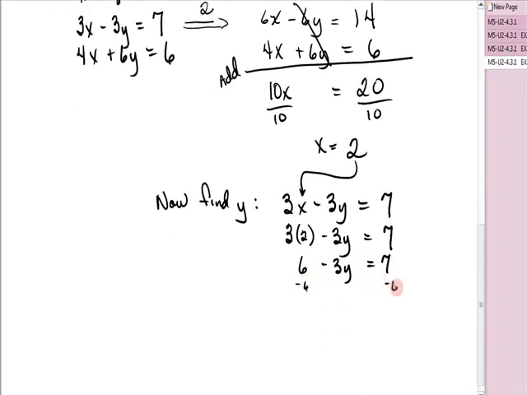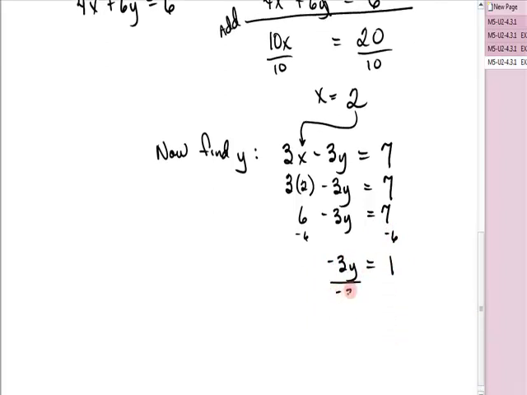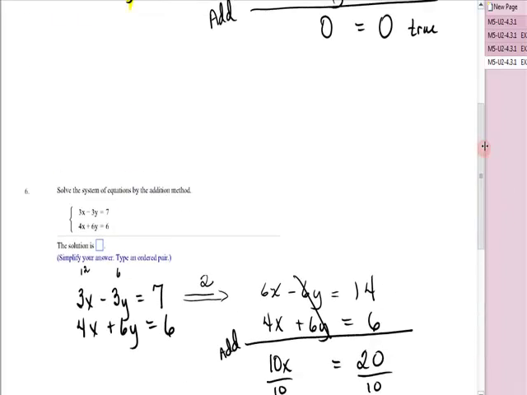Subtract 6 from both sides. Negative 3y is equal to 1. Divide by negative 3. And y is equal to negative 1/3, because 3 doesn't go into 1. I know that seems unusual, but it is correct. We have the solution is 2, negative 1/3. Okay?